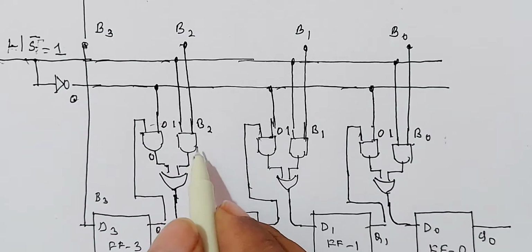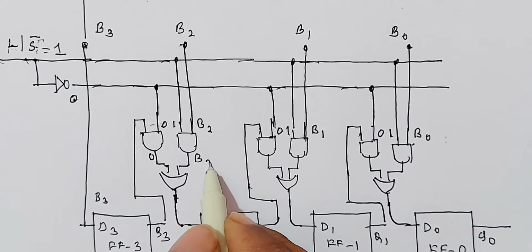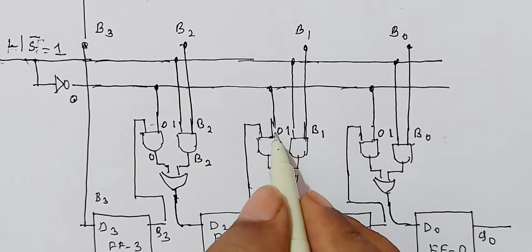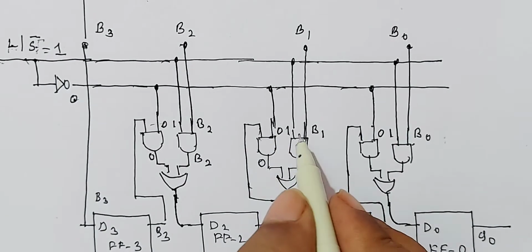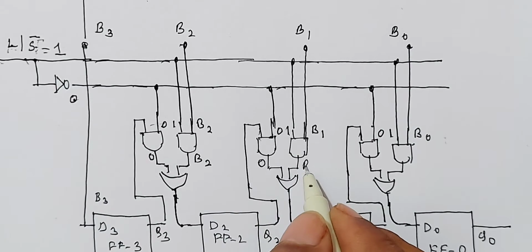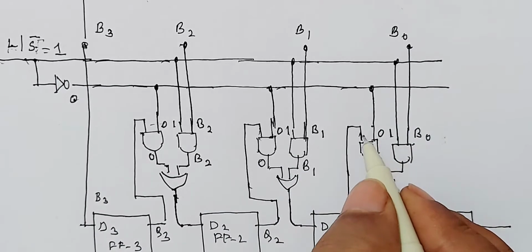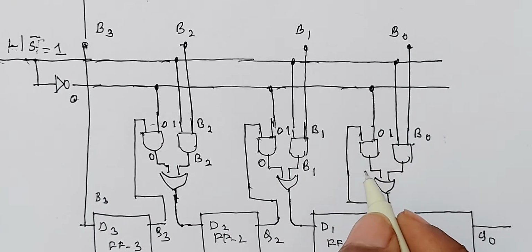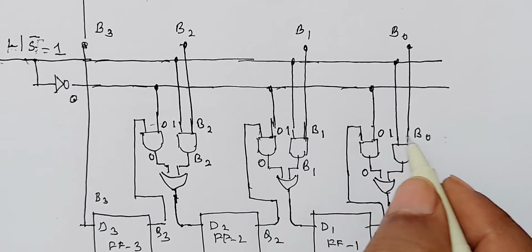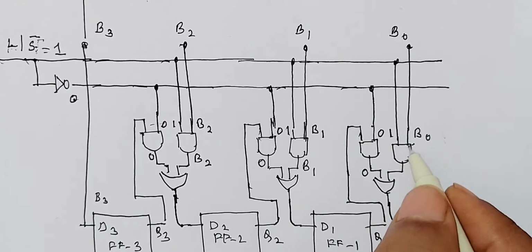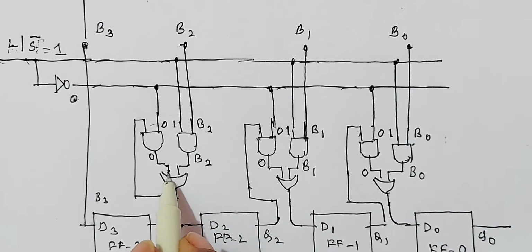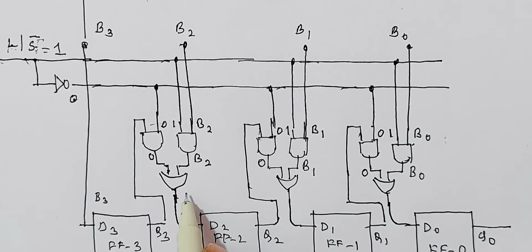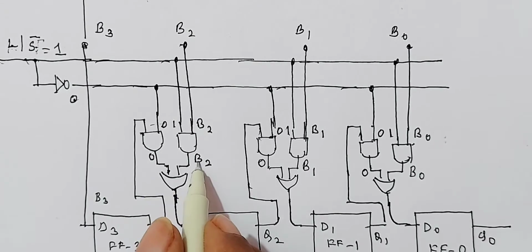So 1 into B2, the output of this AND gate is B2. If this is 0, the output should be 0. So 1 into B1, the output of this AND gate is B1. 0 into anything is 0, so the AND gate output is 0. 1 into B0, the output of this AND gate is B0. This is the OR gate, so the output is the sum of the two inputs in the OR gate. Therefore, the output of this OR gate is 0 plus B2, which is B2.